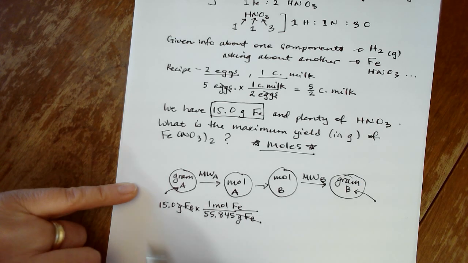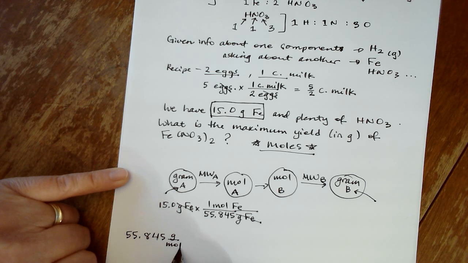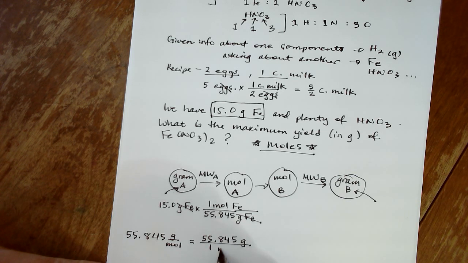So 55.845 grams per mole. Molecular weight is the same thing as saying that 55.845 grams is what's in 1 mole. So 55.85 grams of iron is in 1 mole of iron.